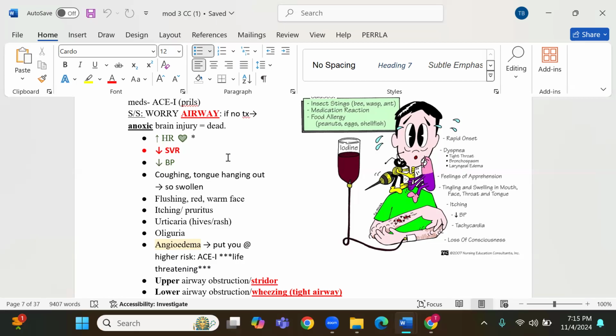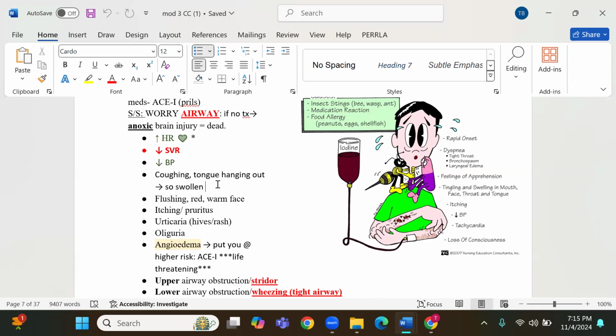One of the things, a lot of patients will say, hey, I'm allergic. And so you will ask them as a nurse, what does your allergy look like? Or what kind of reaction do you have? Because if it's just you get a little red or something, that may not be anaphylaxis. But anaphylactic is where there's something called angioedema, where the tongue swells and it blocks the airway.